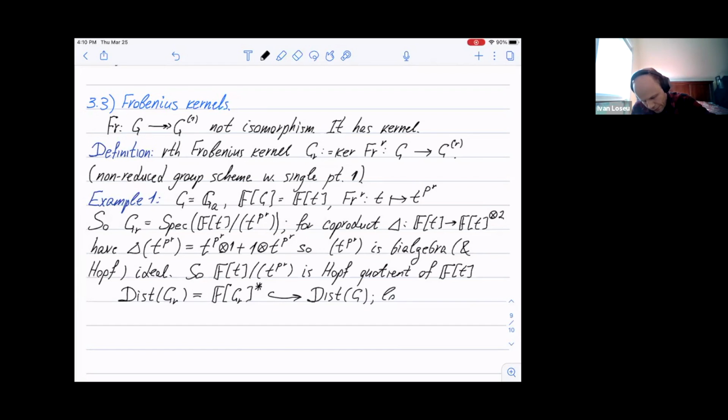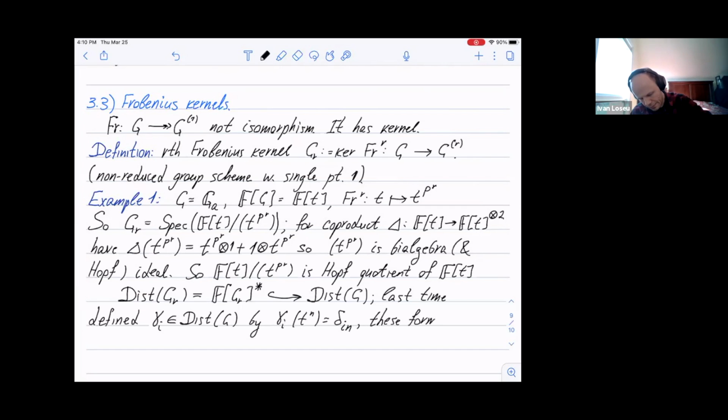Well, last time we defined gamma_i inside of this Dist(G) by gamma_i of t^n is the Kronecker delta of i and n. And these elements form a basis in this Dist(G).